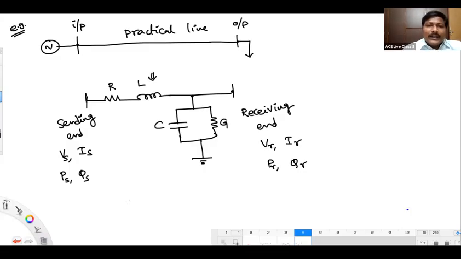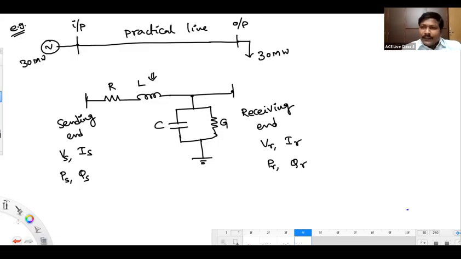For example, if my load demand is 30 megawatt, how much power does this generator have to supply, assuming there is no loss? Definitely 30. The generator has to supply 30 megawatt.